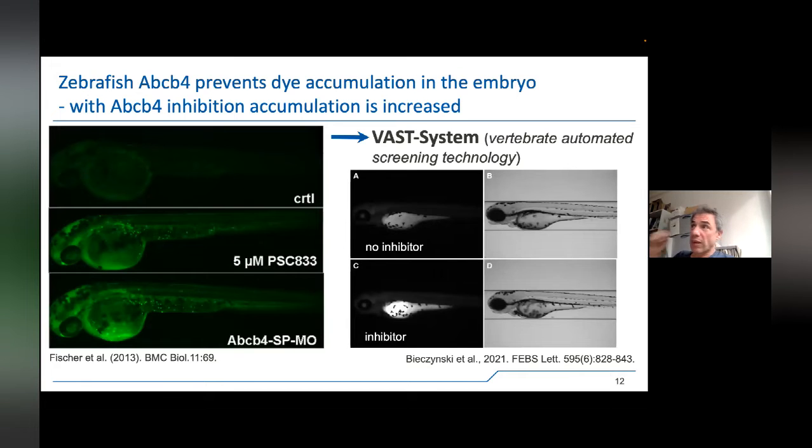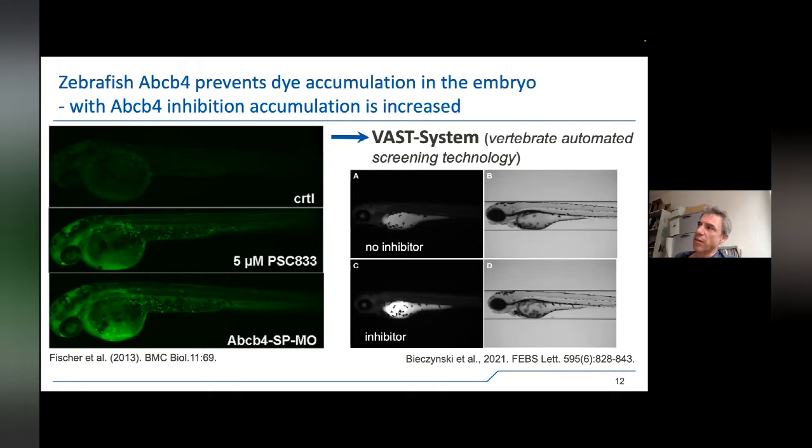And accordingly, it also keeps out dyes, so calcein AM, for instance, or rhodamine, and we use that to perform a dye uptake assay with live fish embryo, using the so-called VAS system. So this is a semi-automatic system.